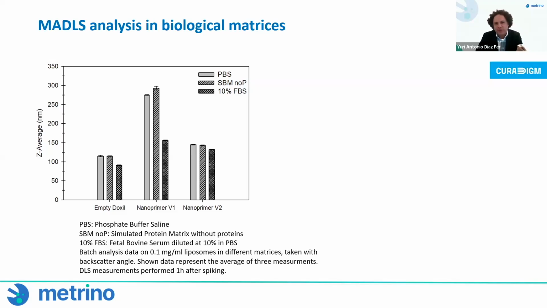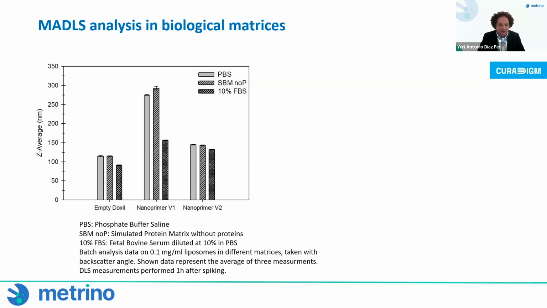And then the third one is the PBS matrix, but supplemented by fetal bovine serum. So just to cut a long story short, in the first two cases we have just ionic strength effects. And in the third one, we add the complexity of a protein-rich environment.